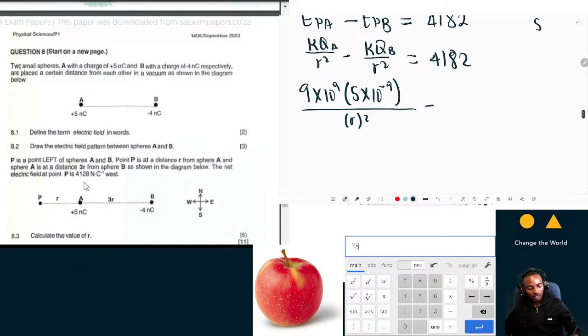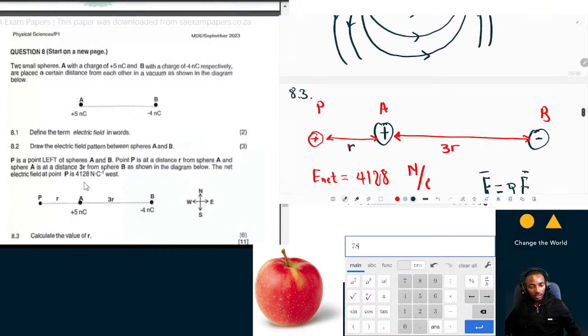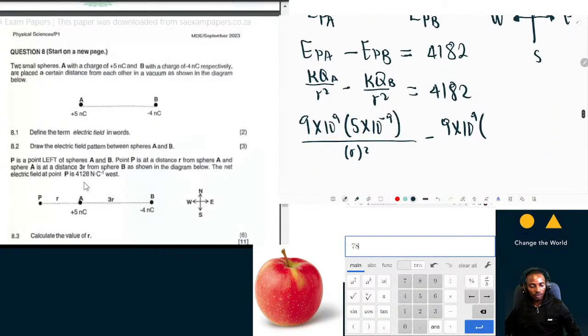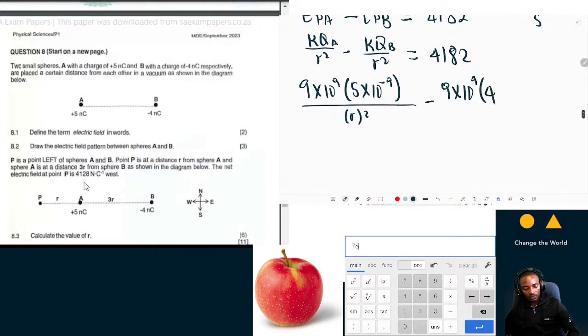Then minus K, 9 times 10 to the power 9, then the charge on sphere B, which is 4 nanocoulombs, so 4 times 10 to the power minus 9.